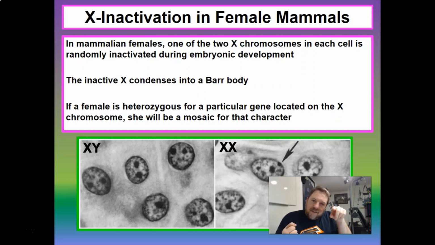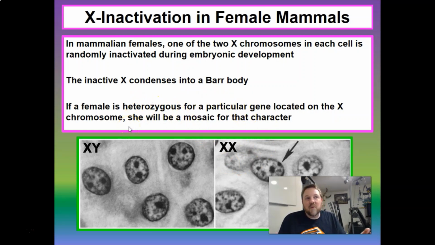She won't be able to see colors as well in those cells, but that's okay because guaranteed in other cells, she would have turned off the bad X and kept the good one on so she could see colors fine overall. But if you looked at the actual proteins, it would almost be a codominant kind of look, right? Because some are good and some are bad. It's kind of weird how this X inactivation works. So just realize that that changes things too.